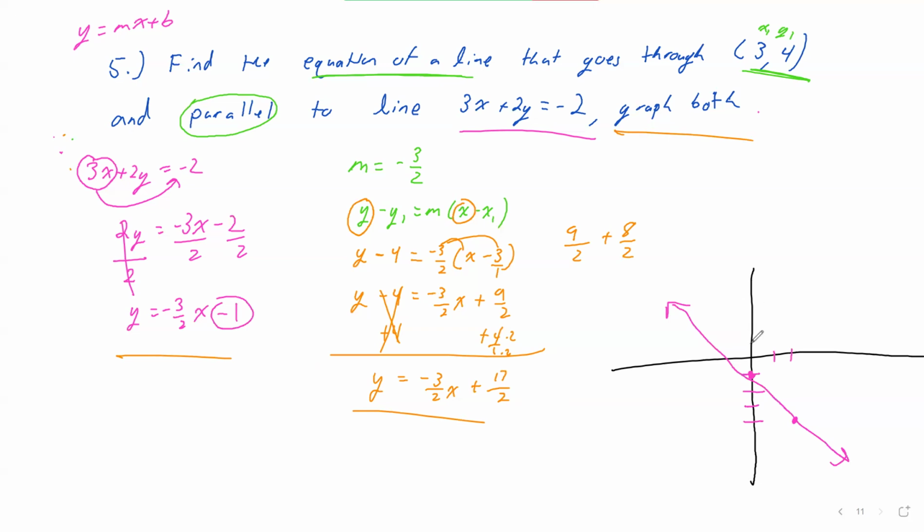So if it's 8.5, I want to put a point between 8 and 9. So 1, 2, 3, 4, 5, 6, 7, 8, 9. So my point would be about right there, in between 8 and 9 to represent 8.5.